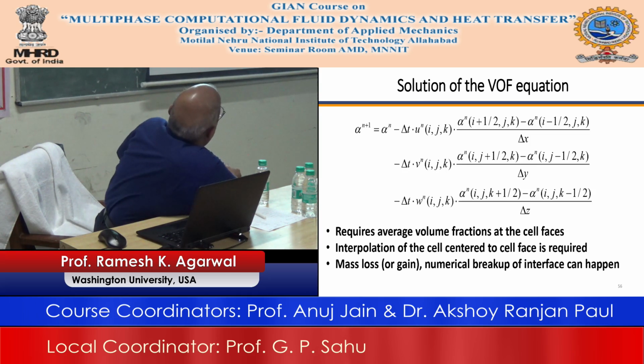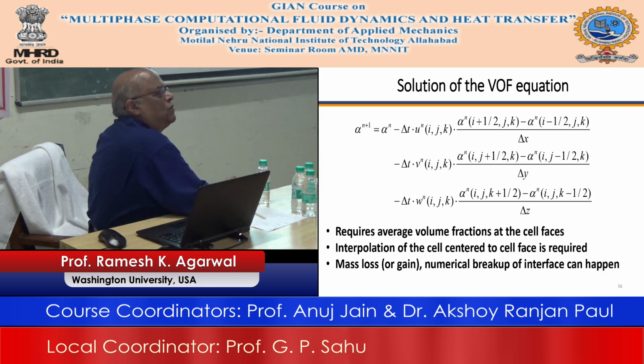Now, if you have this algorithm, what is it called? It is explicit, because on the right hand side everything is known. So this is the easiest way to do it. Unnecessarily, don't make it implicit, because implicit means that you are going to have a matrix, and if it is a big grid, you are going to make your life miserable.